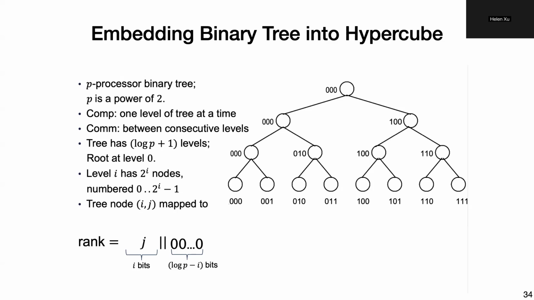Then the hypercube rank of any given node with this tuple is: the first i bits are set to j, and the lower ones are set to 0. So for the root, the height is 0, i equals 0, and it has one node, which is 2 to the i, and since that is 1, just 0. For level 1 there are 2 nodes, because 2 to the 1 is 2, labeled 0 and 1. So those are the 2 indexes, the height, or level, and the index within the level.